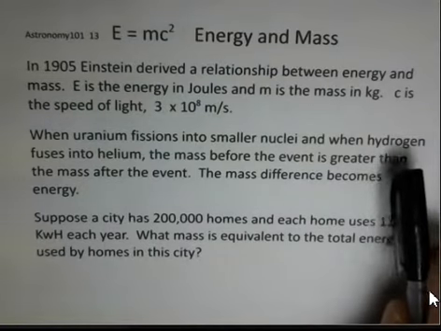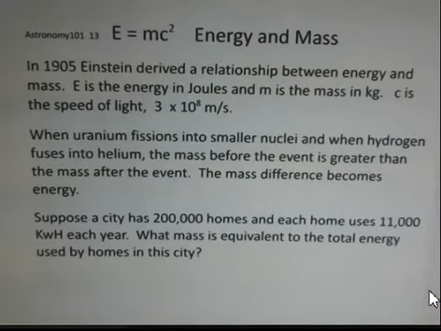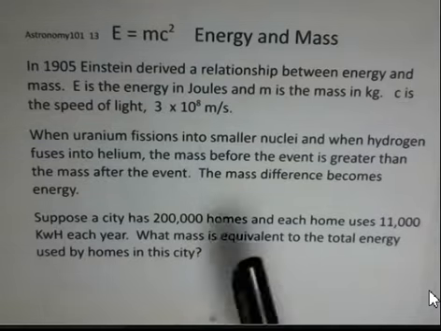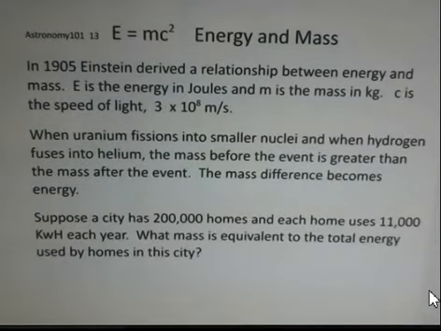In the center of the sun and other stars, at least newly formed ones, we have the principal nuclear reaction of hydrogen fusing together to form helium. In both of these situations, the mass before the fission or fusion takes place is greater than the mass after the fission or the fusion. And this missing mass, this mass difference, becomes energy.